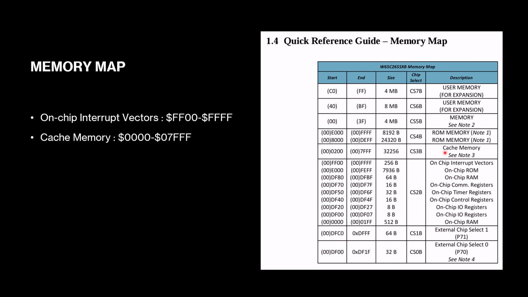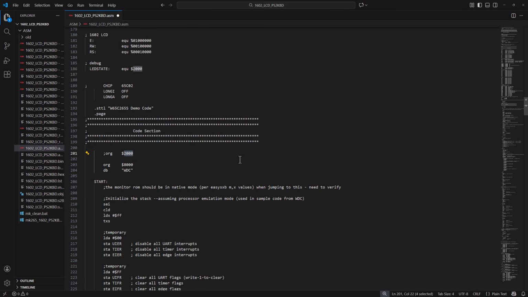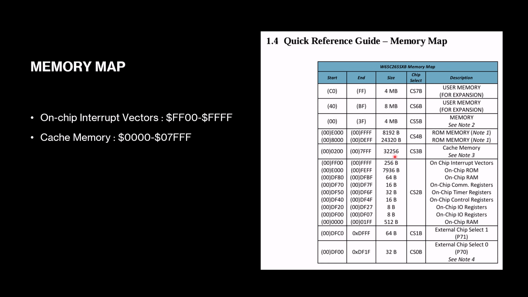It's the static RAM that is external to the microcontroller. So the microcontroller itself has both RAM and ROM, very small amounts, but then the SXB board does include an external static RAM, and so that's going to be in this address range. So when I'm over here, org 2000 says I expect this code to be right in that static RAM at 2000 within this 8000 range.